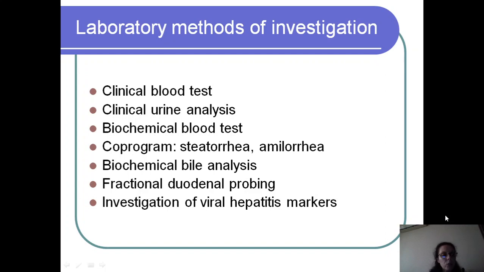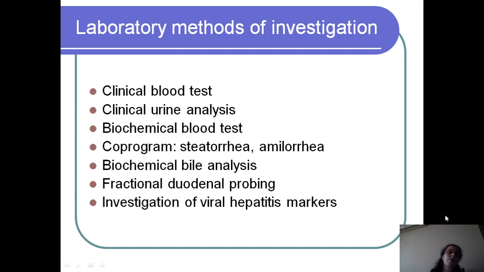And as far as we are talking about destruction of liver cells, all enzymes which normally live inside the cells are going to be increased significantly in this syndrome. First of all, these are of course liver transaminases, ALT and AST: aspartate aminotransferase and alanine aminotransferase.